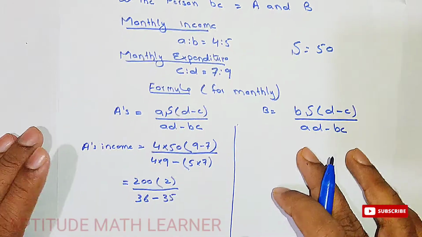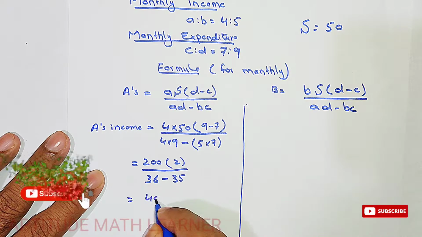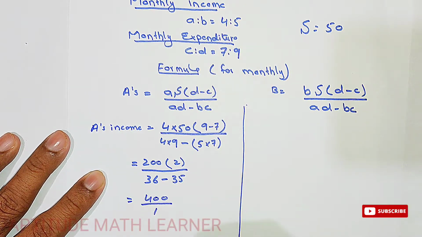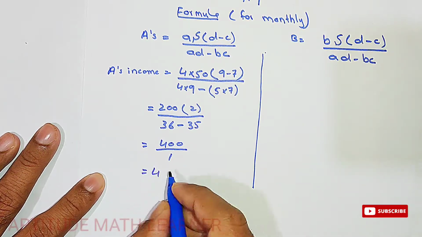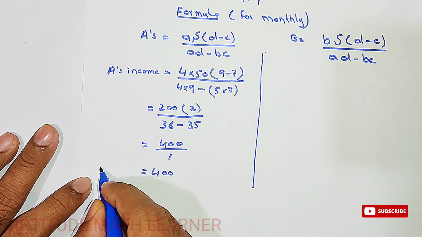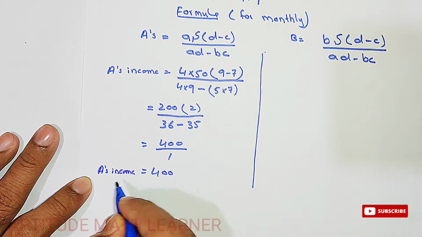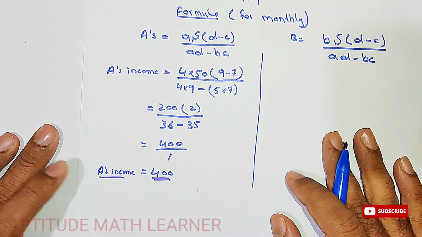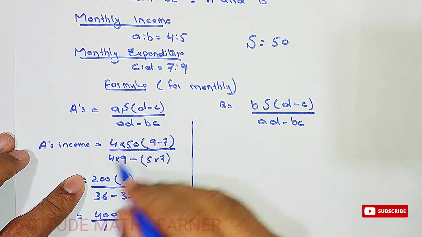So this becomes 400 upon 1. I hope you have understood the question. So here we get the answer, 400, and this is A's income.